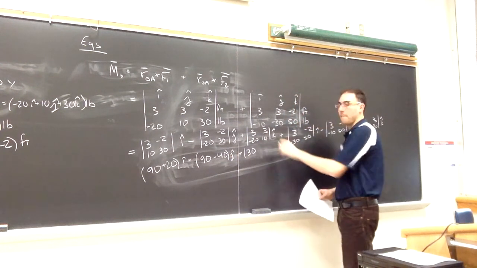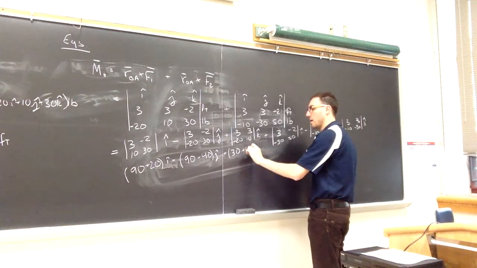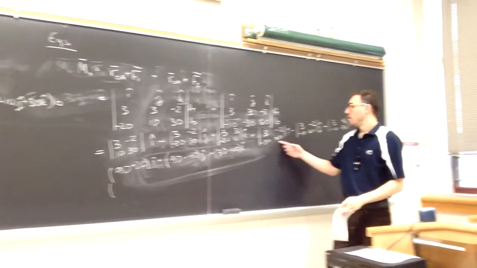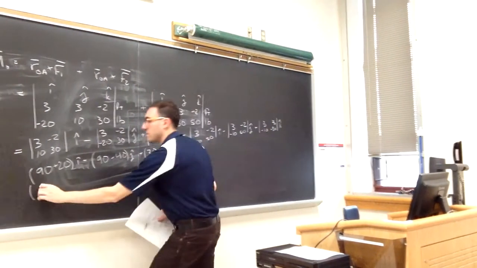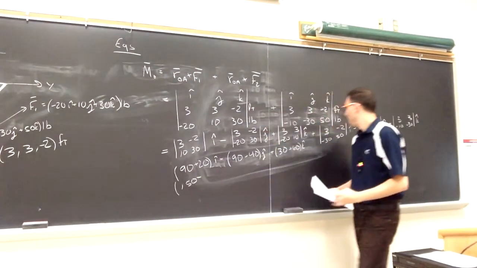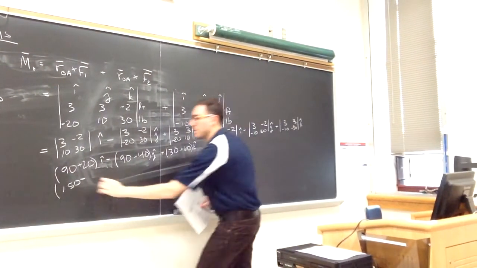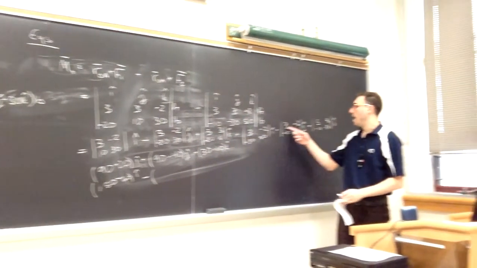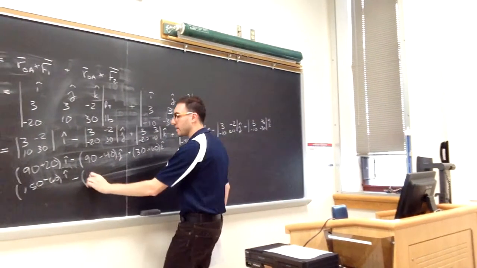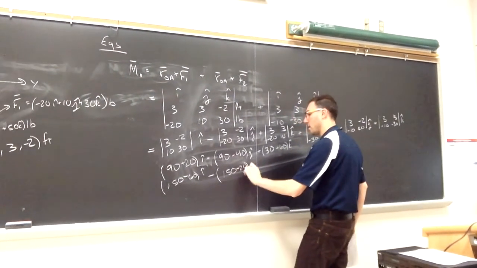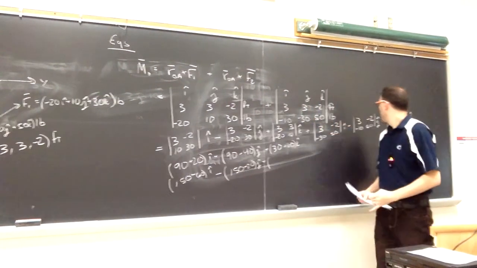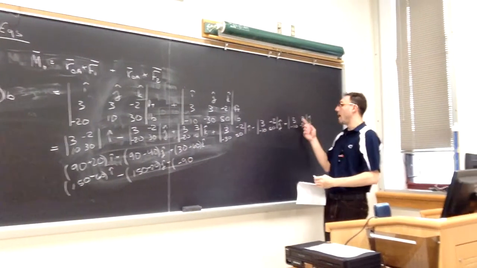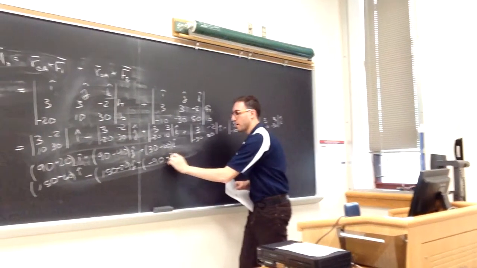We'll get 30 minus negative 60. We'll get 150 minus a positive 60. We get 150 minus 20. And we get negative 90 minus negative 30, or plus 30.